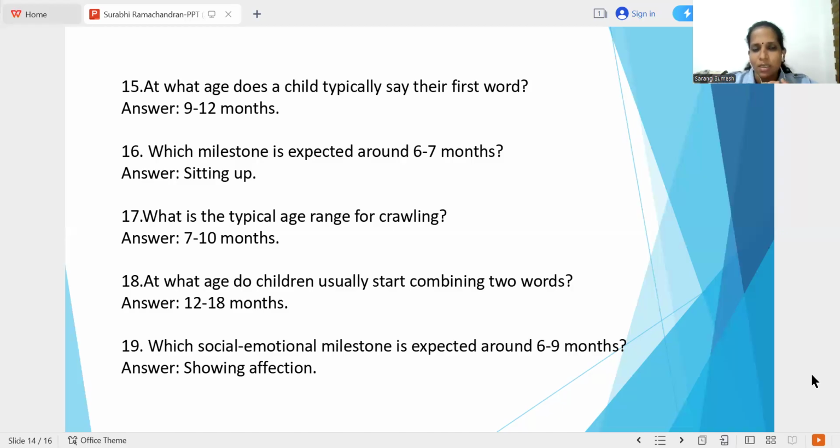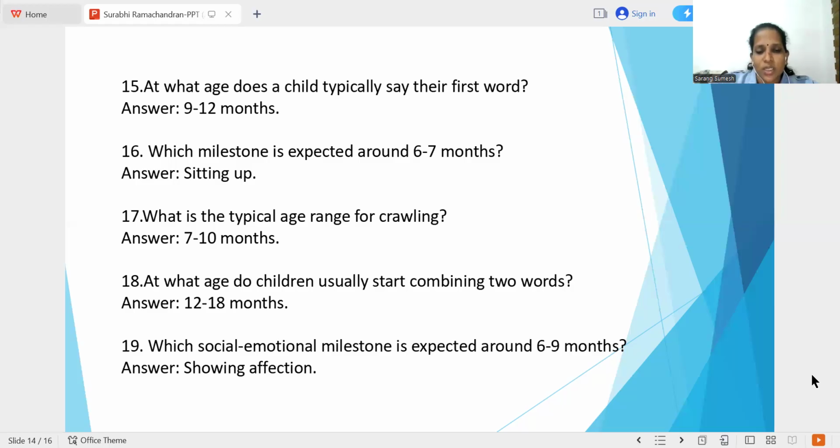What is the typical age range for crawling? 7 to 10 months. At what age do children usually start combining two words? Around 12 to 18 months of age, in the toddler period.